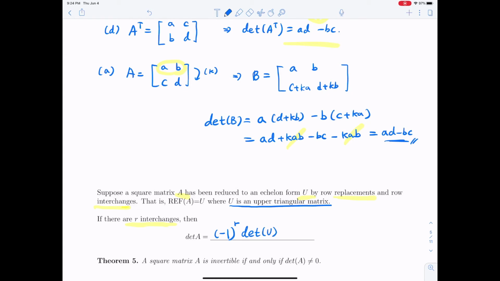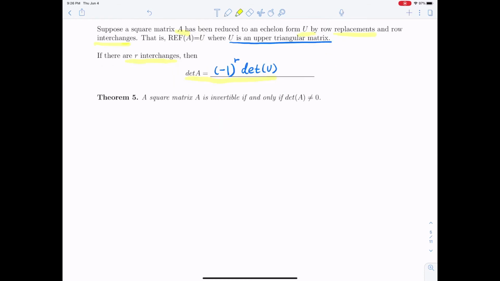So the determinant of A equals (negative 1) to the r times the determinant of the upper triangular matrix. So here we know that a 2 by 2 matrix is invertible if and only if the determinant of A is not equal to 0, but that is indeed true in general.